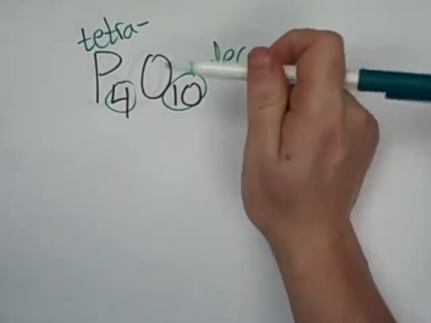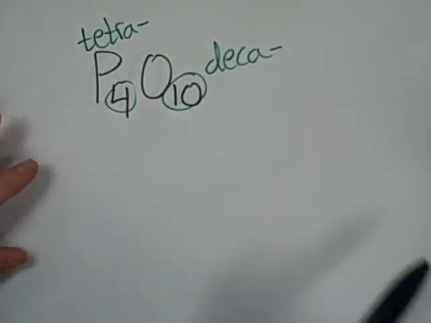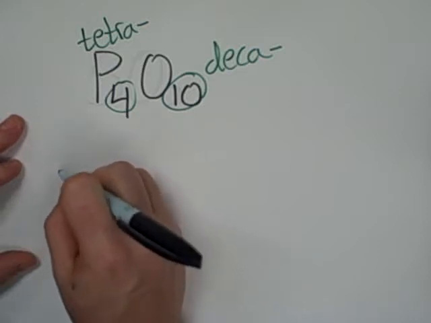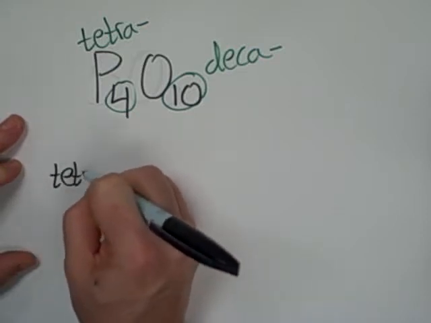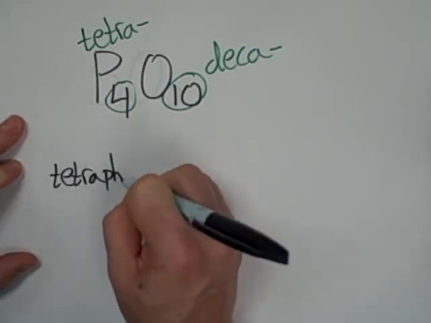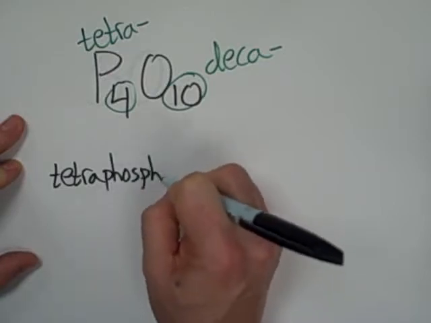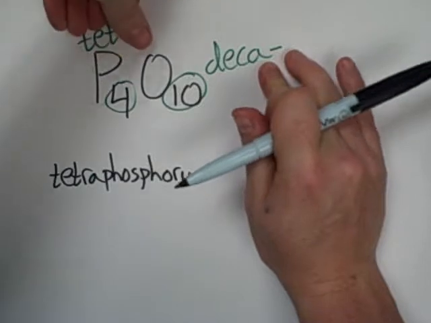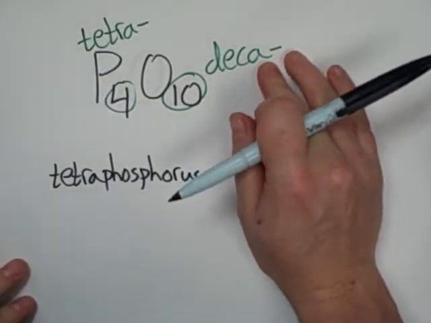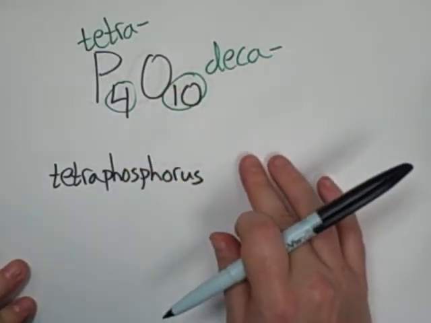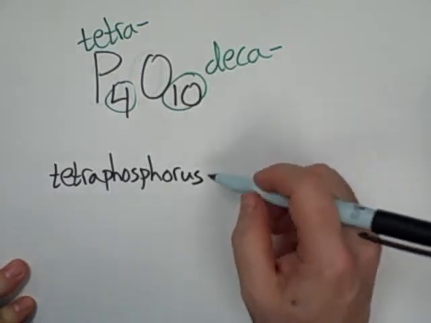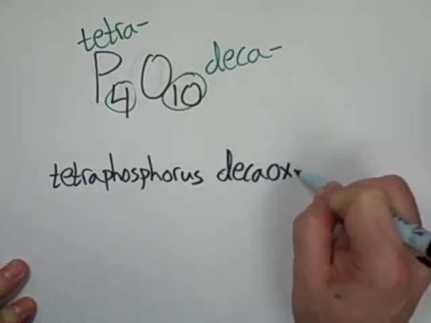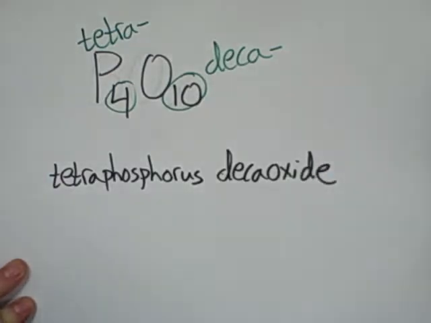So we're going to take the prefix tetra and put it on the name of the element, which is phosphorus. So tetraphosphorus, and then deca goes onto oxygen, but we replace the end of oxygen with IDE, so we get decaoxide.